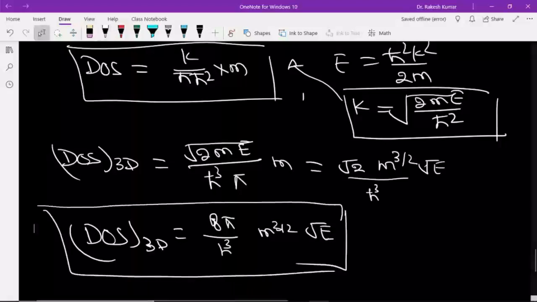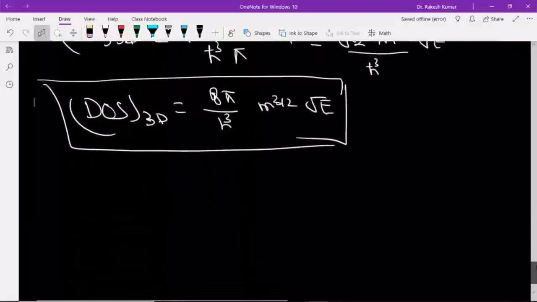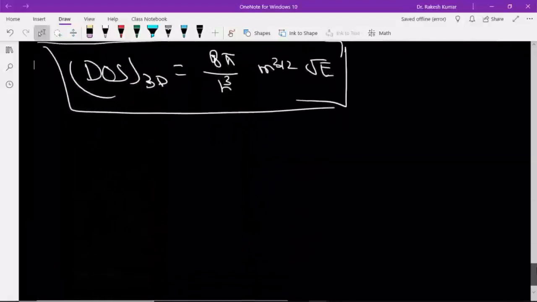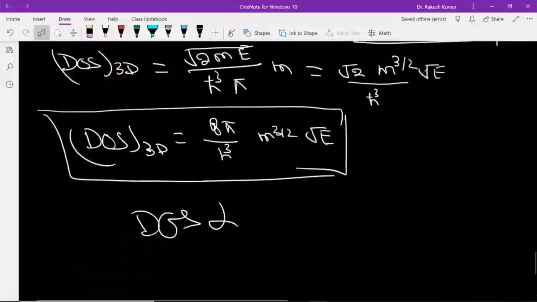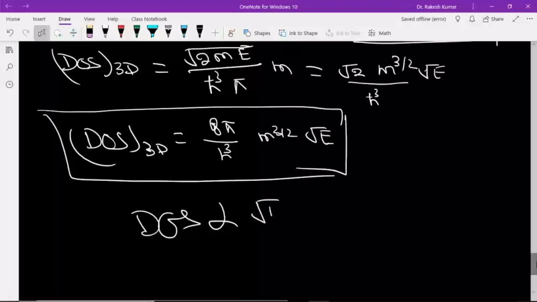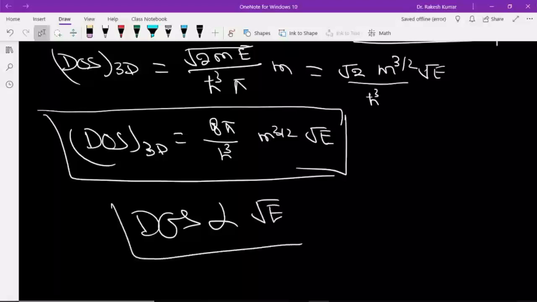So from here we can see that in 3D density of state is directly proportional to under root of the energy.